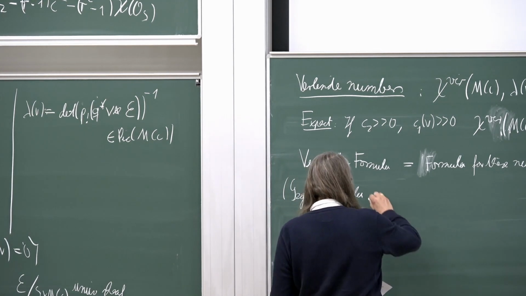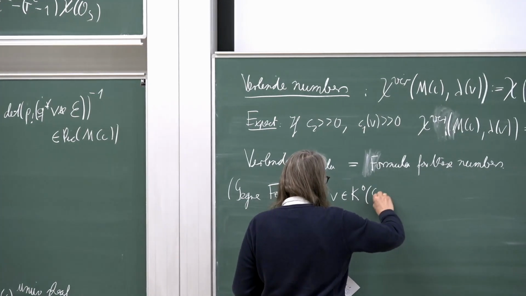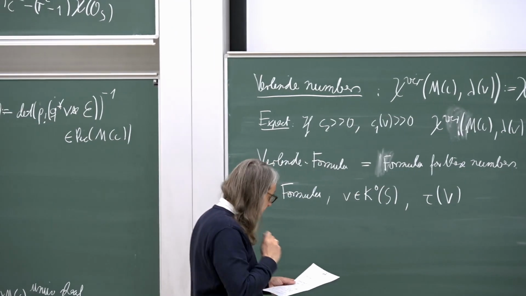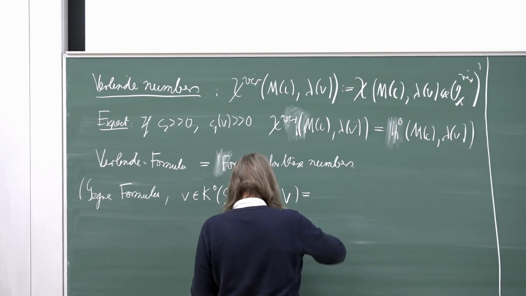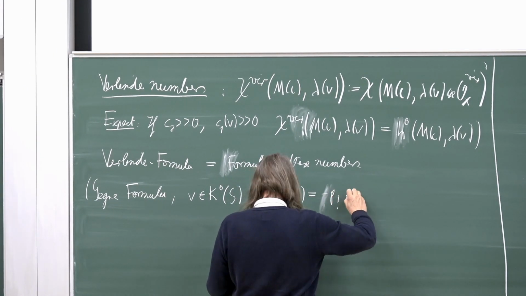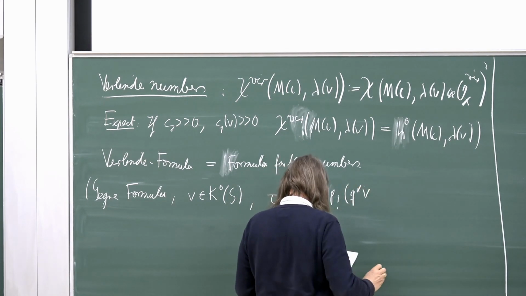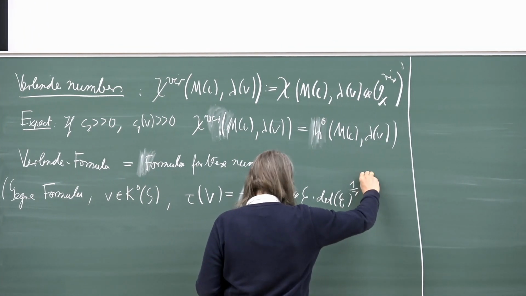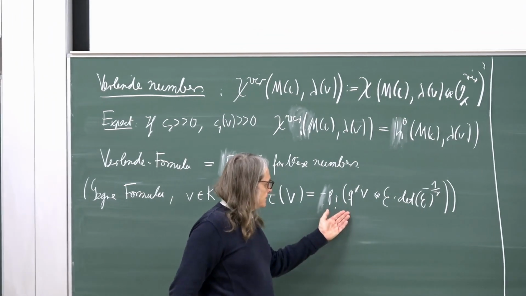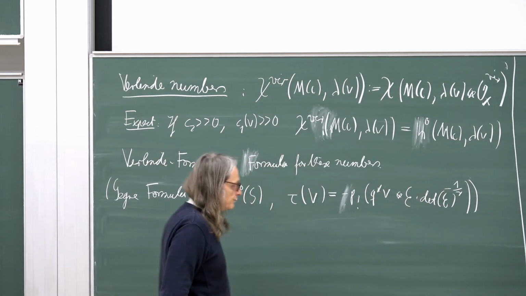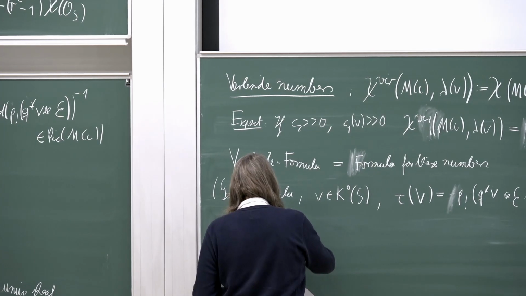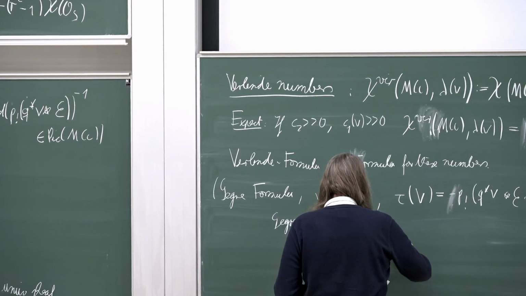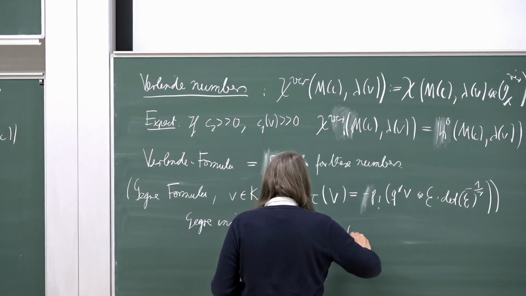In this case, for V an element in the K group of S, we can define an element in the K group of the moduli space tensor Q. We take minus E lower 3 Q upper star of V tensor the universal sheaf times the determinant of the universal sheaf to the minus 1 over R. If this thing doesn't exist, we can certainly use Grothendieck to define its Chern classes, and we only work in terms of the Chern classes, and then the Segre invariant would be the integral over the virtual fundamental class of the top Chern class of V.